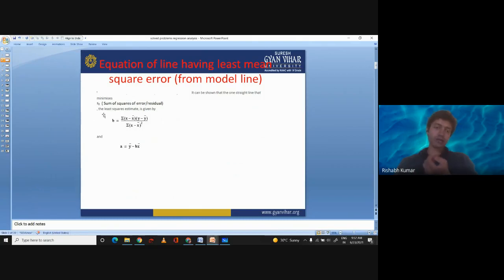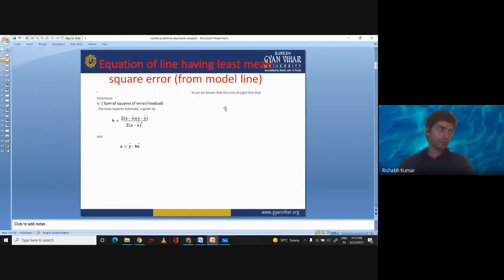Okay, and how are we getting this? We are getting this with the help of least mean square. I'm not showing here how we get to this point, but there is a derivation up to this point. We are taking the distance of a point from the line and squaring it, and then we are doing the derivation. Then we are finding out the minima and the maxima, right?